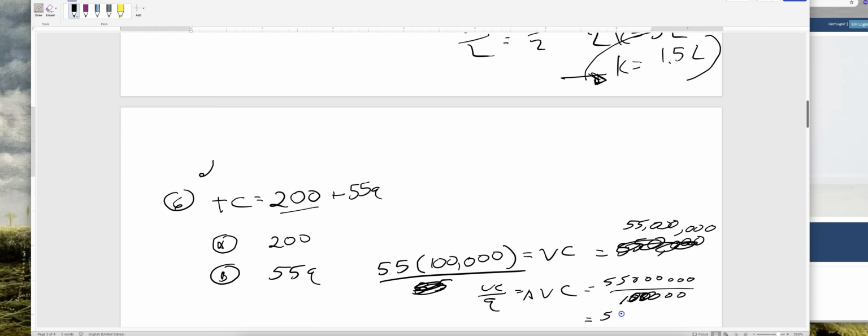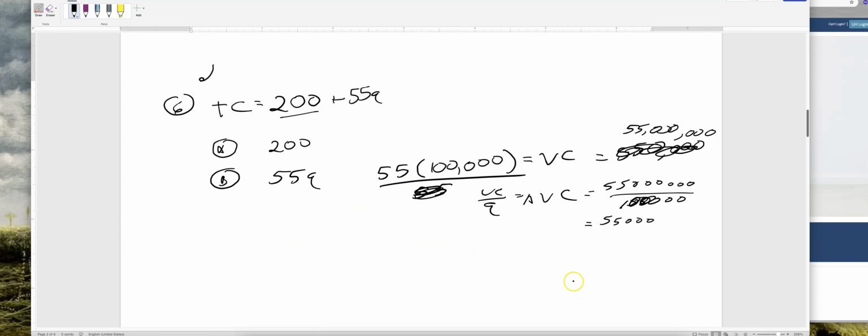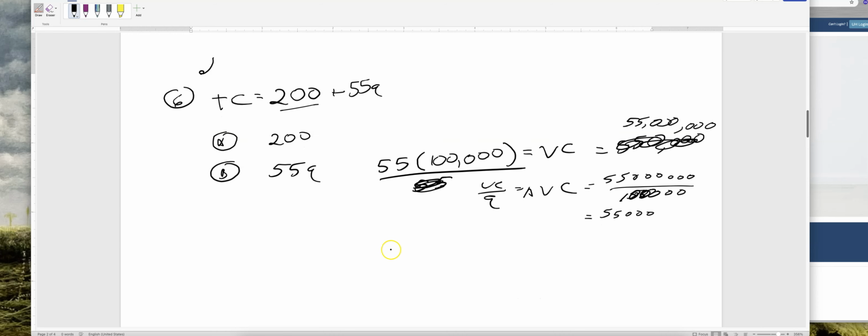And what's the answer going to be? That same 55,000, which you could have just gotten by the constant term in front of the variable. But I just wanted to walk you through the other math here.